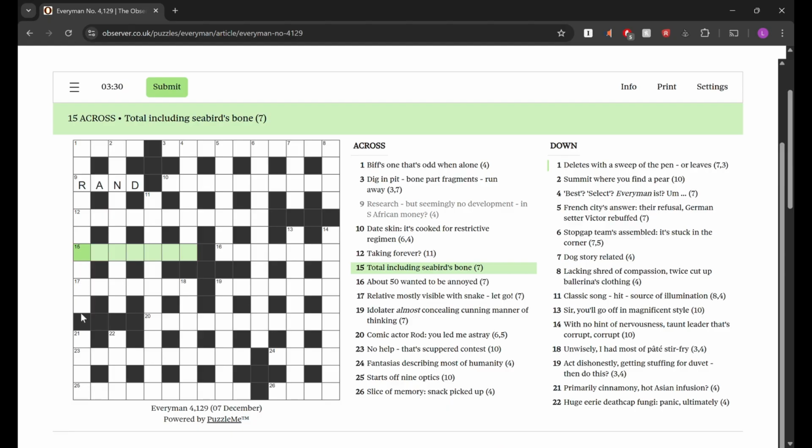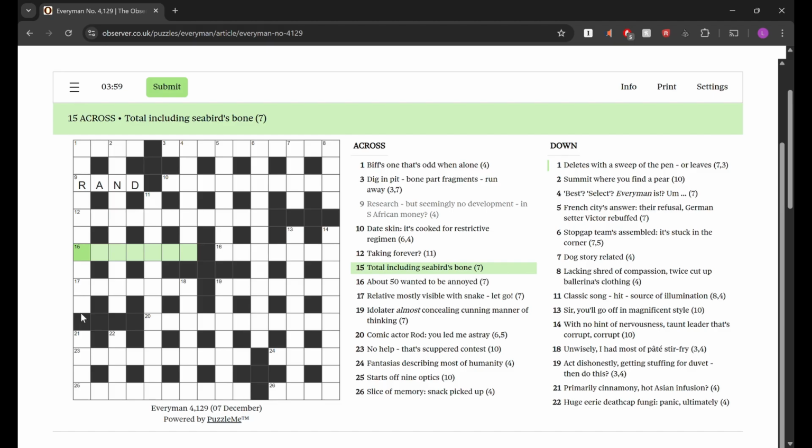Let's go 15 across. Total including seabird's bone. It's a seabird, like a gull or a tern. Are we going to get the name of a bone in the human body?